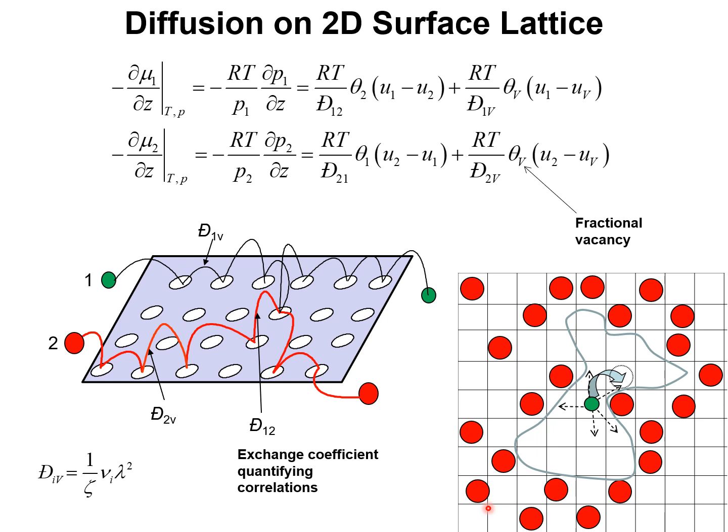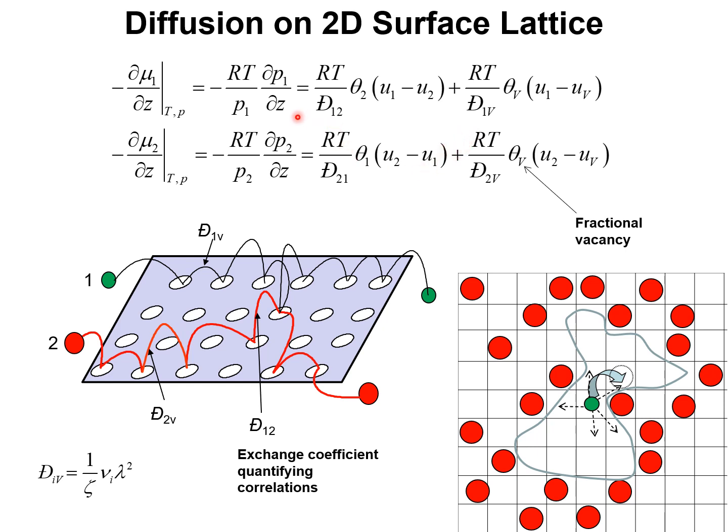Now, in setting up the flux relationships, it is most convenient to adopt the Maxwell-Stefan formulation that basically is a balance between the force acting on a species that causes a relative motion and the friction that species experiences in its motion along the surface.